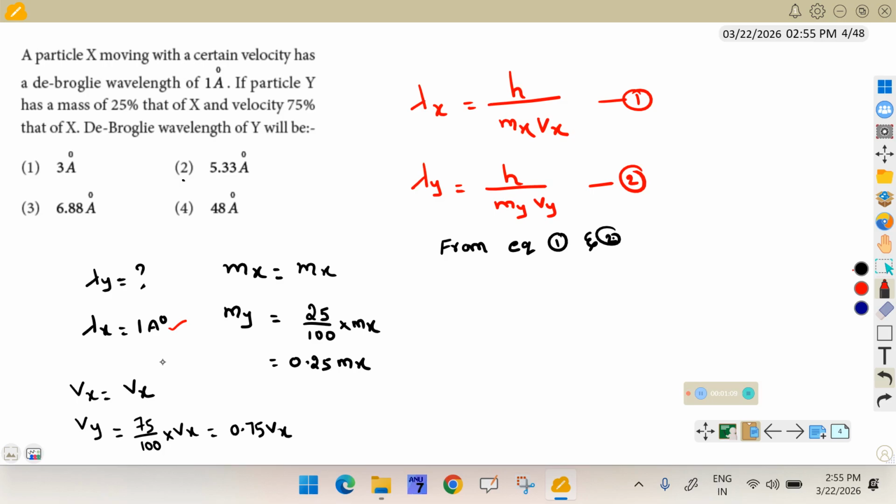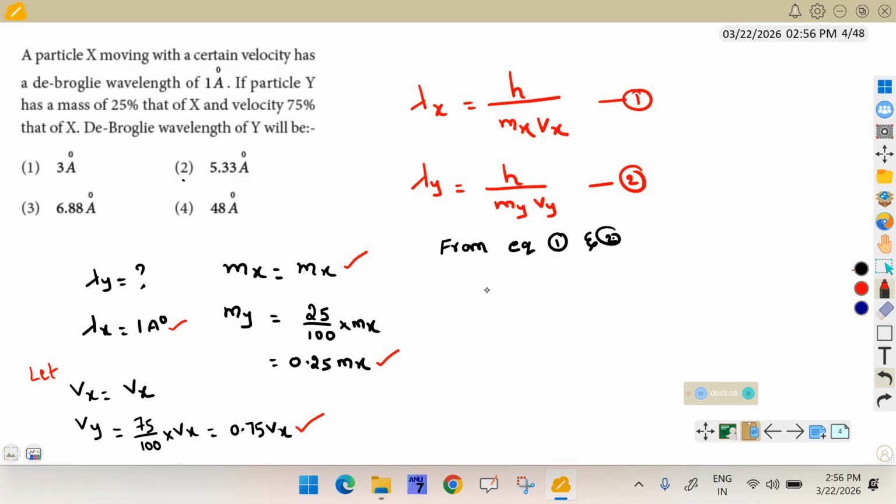If particle Y has a mass of 25% that of X, suppose the mass of X is taken as mx, then the mass of Y is 25% that of X, that is 0.25 mx, and velocity 75% that of X. Let the velocity of X be Vx, then the velocity of Y is 75/100 into Vx, so 0.75 Vx.